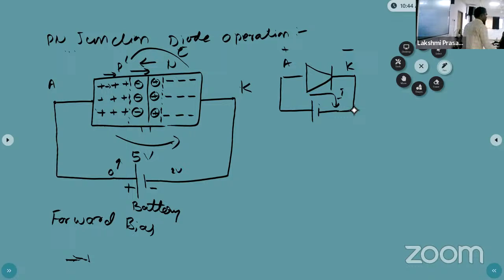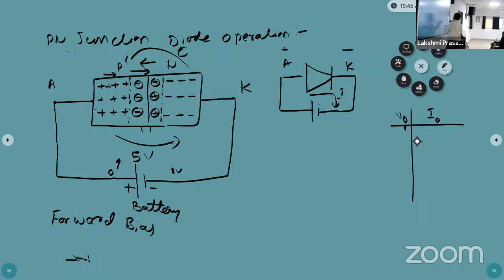Okay, now we can draw. This is the operation of the PN junction diode. Based on this operation, we'll take a small table for better understanding: applied input voltage and output current, that is, battery voltage and current.